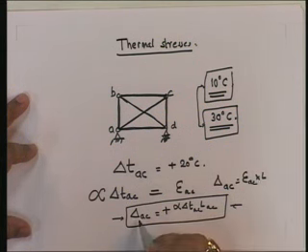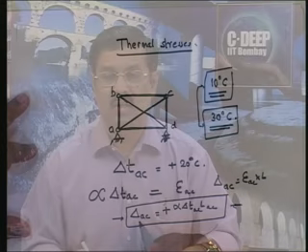And once I have this, you can treat this problem exactly as we have done the lack of fit problem. And that in essence is your analysis of a truss for flexible support, lack of fit, as well as thermal stresses. Thank you.